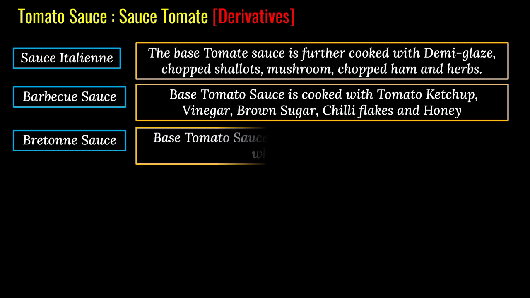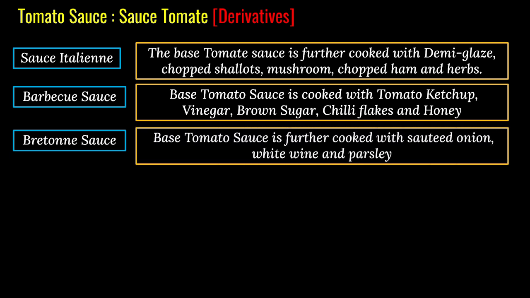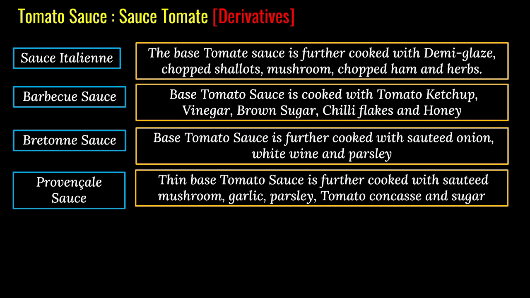Bretonne sauce. Base tomato sauce is further cooked with sauteed onion, white wine and parsley. Provençal sauce. The base tomato sauce is further cooked with sauteed mushroom, garlic, parsley, tomato concasse and sugar.